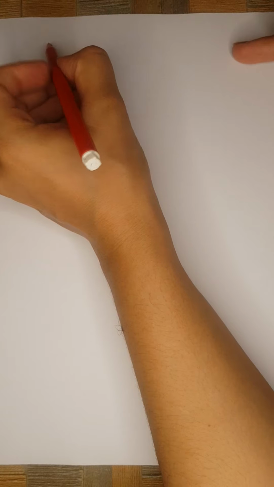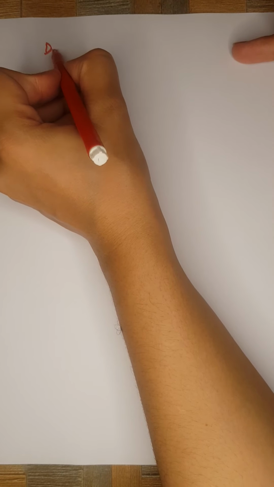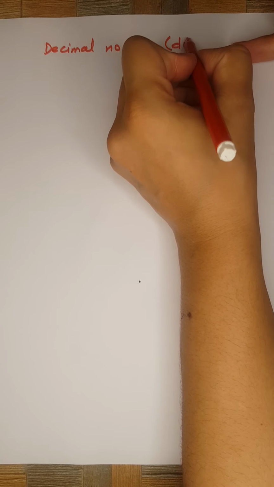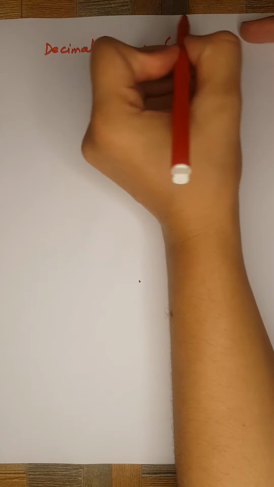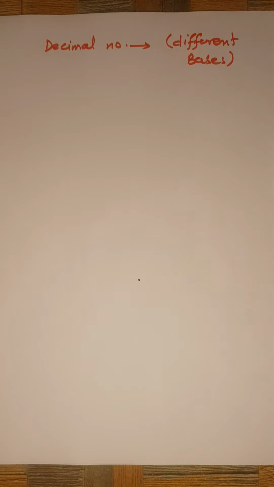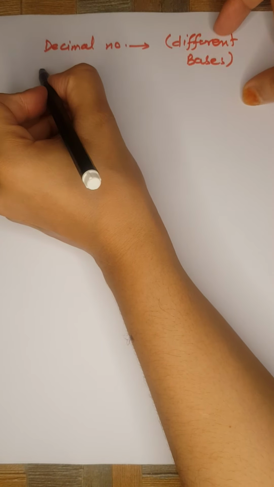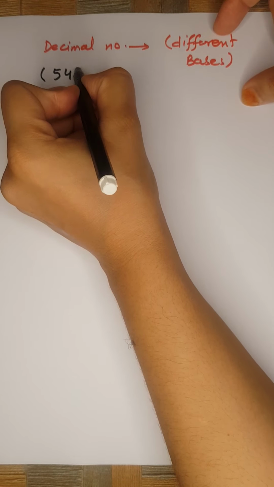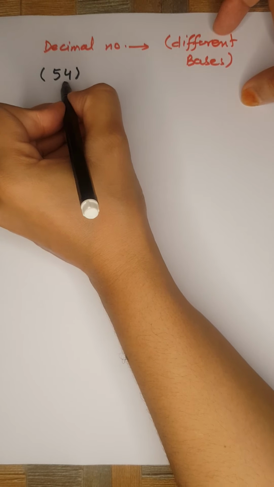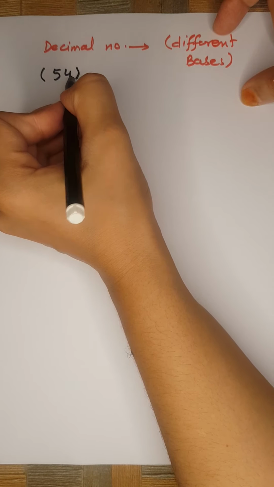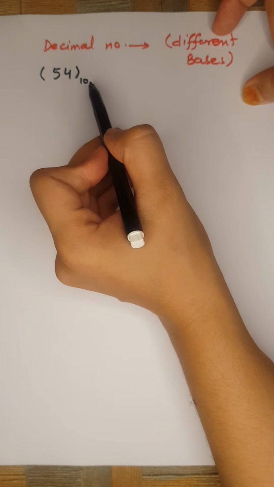Now let's do the example where we will be converting a decimal number into different bases. For example, if we are given any number in base 10, we represent it as the number written, and then we use parentheses, and in the subscript you mention the base.